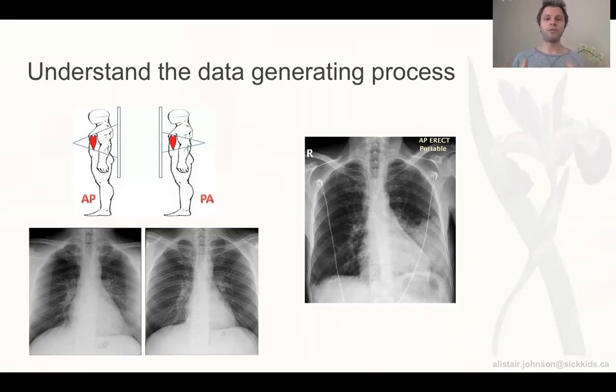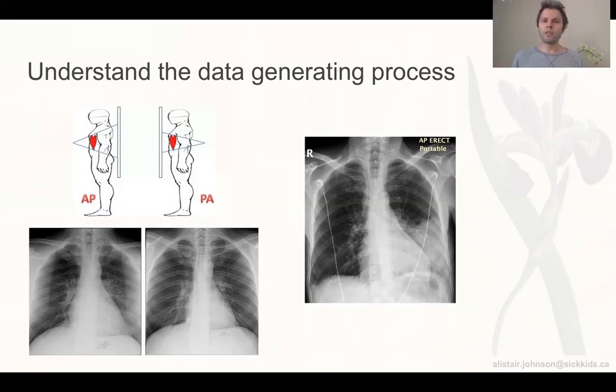And if you think about the physics of the situation, that's because you are shining X-rays, or let's just pretend it's a light. You're shining a light, and the heart is casting a bigger shadow on the actual imaging plane. So this means that a heart could look bigger if you take it in AP than PA, which means that if you're diagnosing, say, cardiomegaly or a big heart, you actually need to factor in the orientation of the patient.